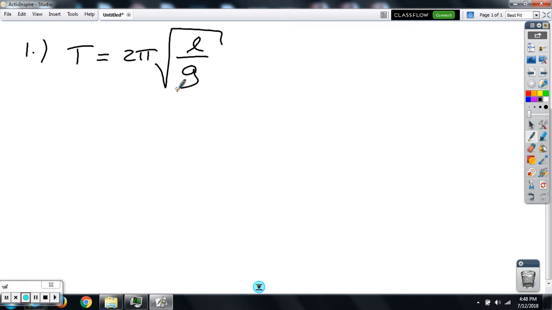Well, in this situation, there's no mass in the formula at all, so there can't be any dependence on mass if there's no m inside the expression.